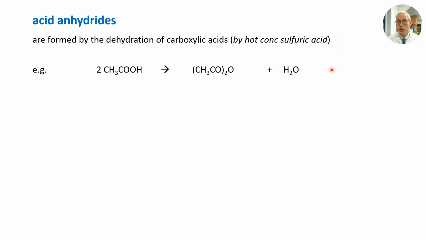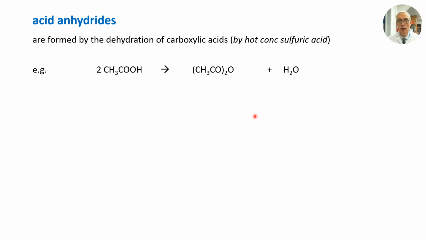However, the equation here may well be. 2 ethanoic acids, for example, gives us ethanoic anhydride, and a water molecule is eliminated. Could you pause and draw the structure of ethanoic anhydride. Come back to check in a moment.